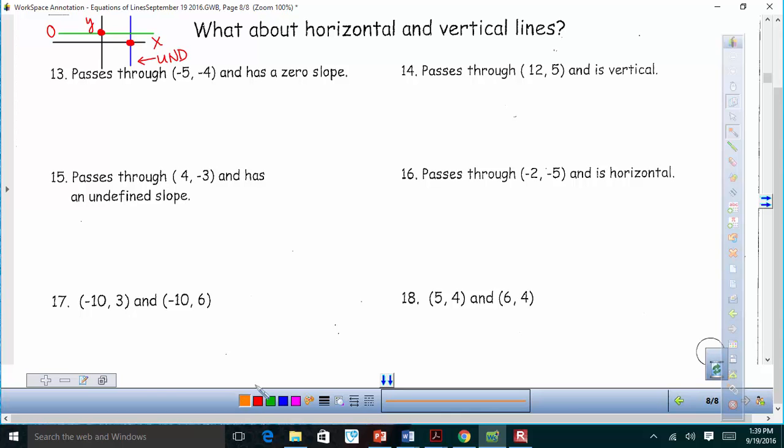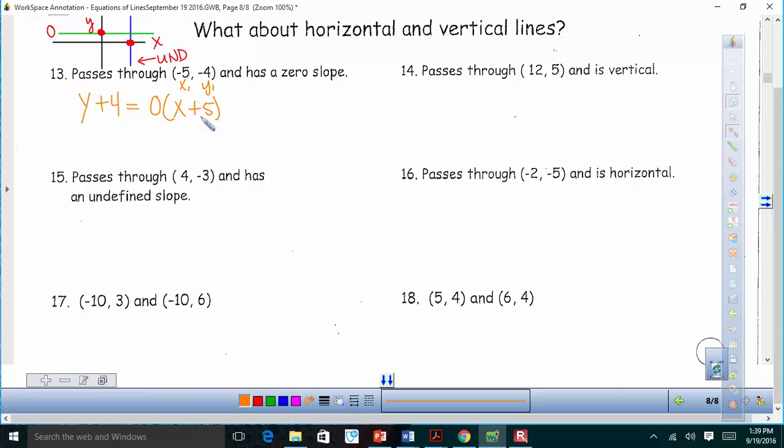Now let's say we're going to plug into y minus y1 equals m times x minus x1 to put it in slope-intercept form. We would get y minus a negative 4, so y plus 4 equals, our slope is 0 times x minus a negative 5, so plus 5.